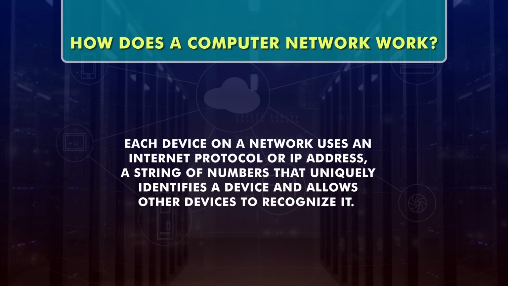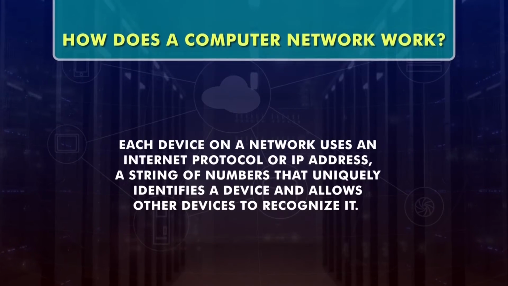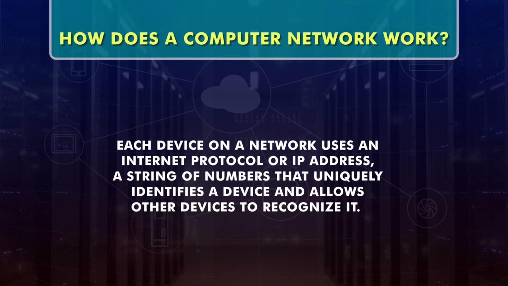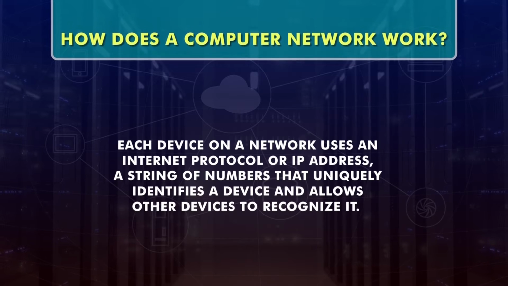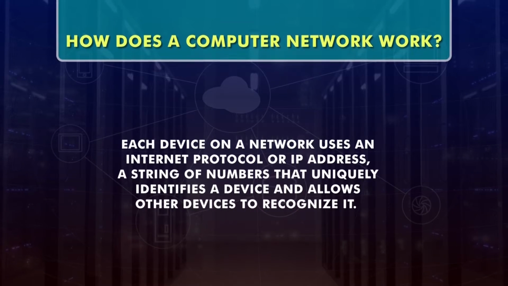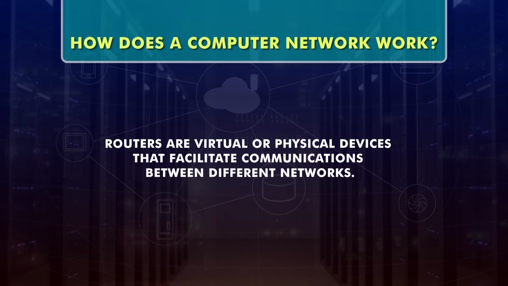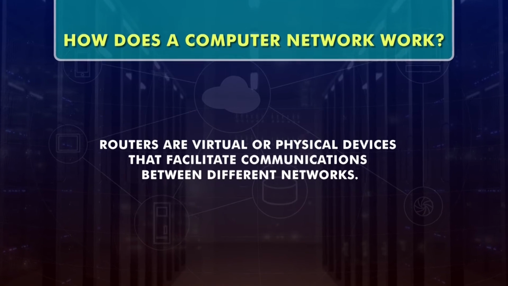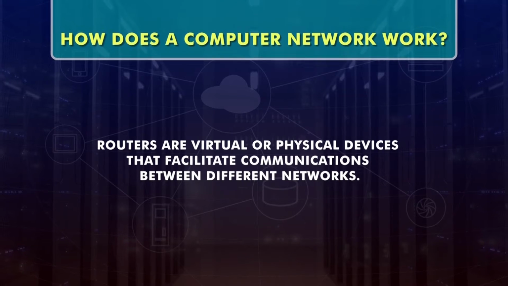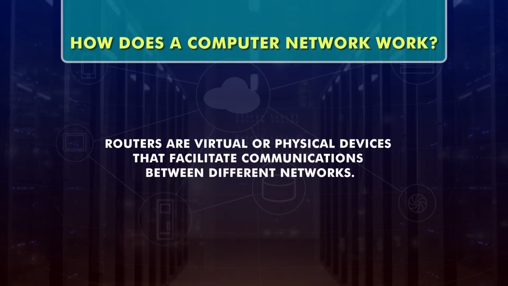Each device on a network uses an internet protocol or IP address, which is nothing but a string of numbers that uniquely identifies a device and allows other devices to recognize it. Routers are virtual or physical devices that facilitate communications between different networks.